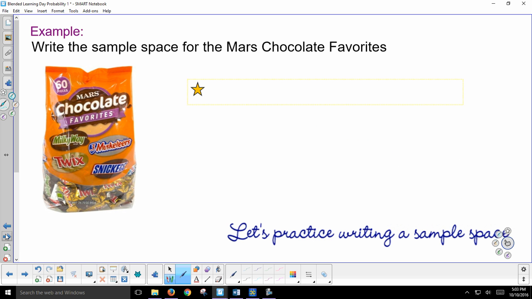But first, let's practice writing a sample space. So Halloween is coming, and I've got this bag of Mars chocolate favorites that I got off the internet. And this bag has 60 pieces of candy that is Milky Way, Three Musketeers, Twix, and Snickers. So how would you write that in set notation as your sample space?